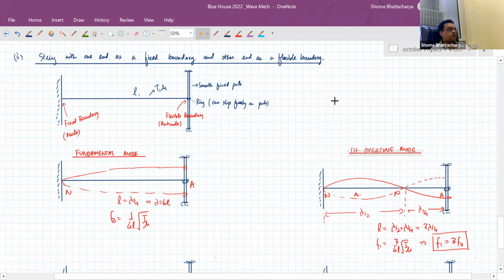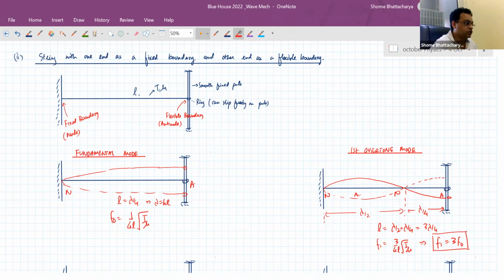The even harmonics do not exist. So this forms a different type of mathematical series for the natural modes of vibration. Okay, so just make a quick run through of this, and we'll discuss further.